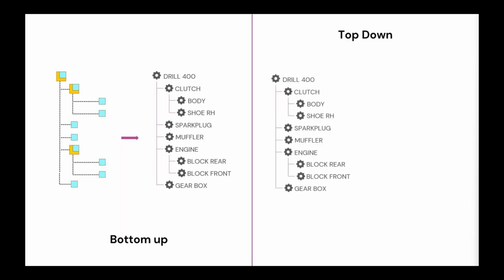The other approach is a top-down approach. This allows the business to define the part structure first, from which we can then derive a CAD structure. So we push that information down towards the CAD, so we start at the top level. Some advantages of a top-down approach: you get a nice clear vision. It gives good visibility to everyone working on the product of how this thing should be structured.